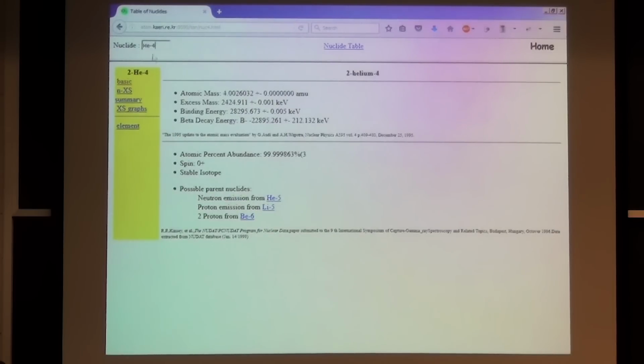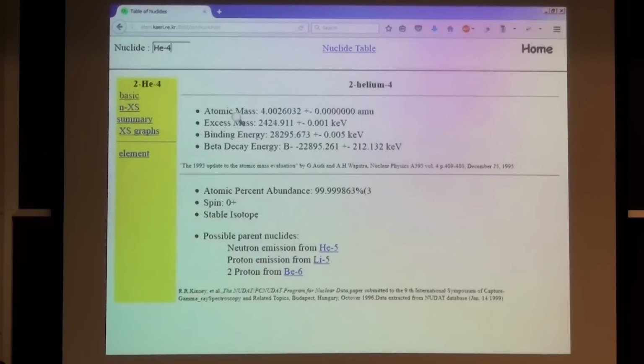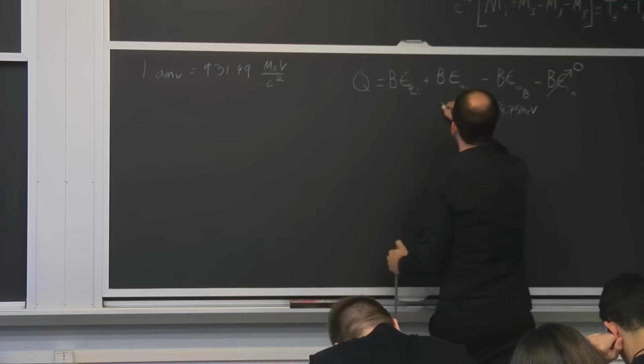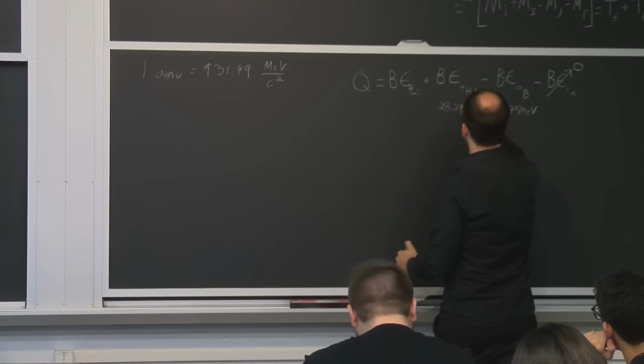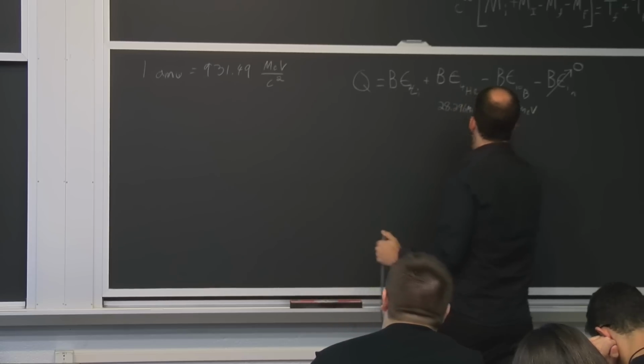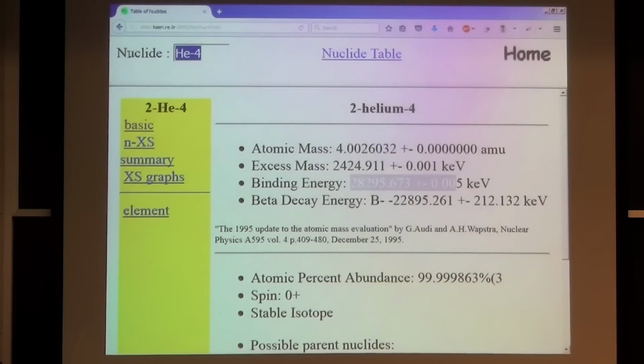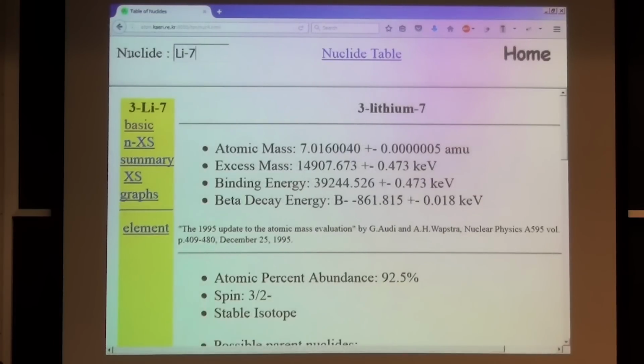Good, that's showing up on the screen. I think I'll make it bigger so it's easier for everyone to see. The binding energy is 28.296 MeV. And notice everything's already in MeV, so this is nice and easy to deal with. And lithium 7, 39.245.